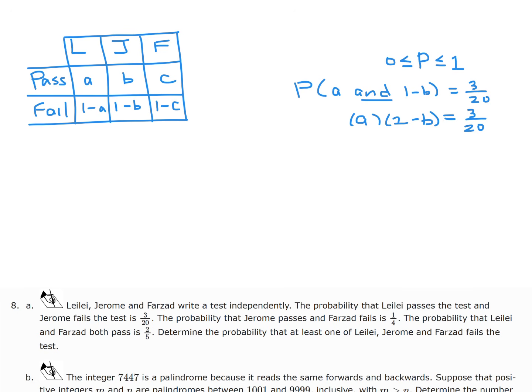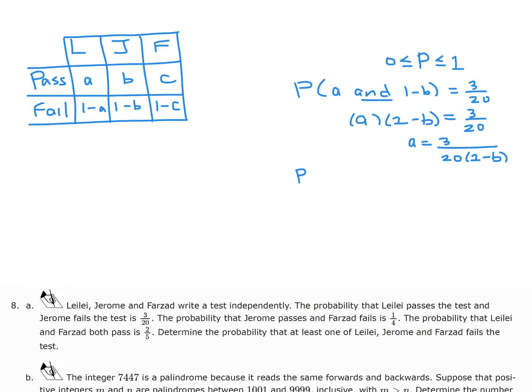Okay, so that's I think how we're going to do this. And then of course we can use algebra to get everything in terms of one variable, but that'll be used a little bit later. Okay, so let's move forward.